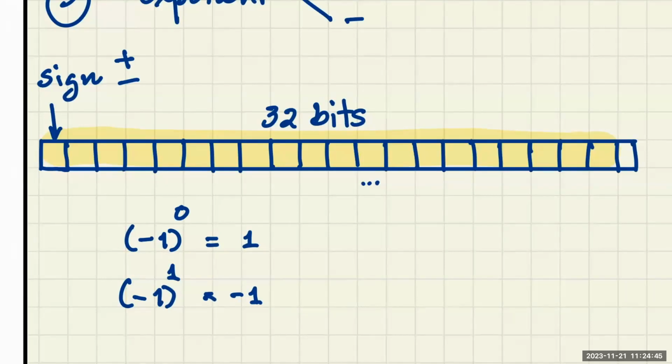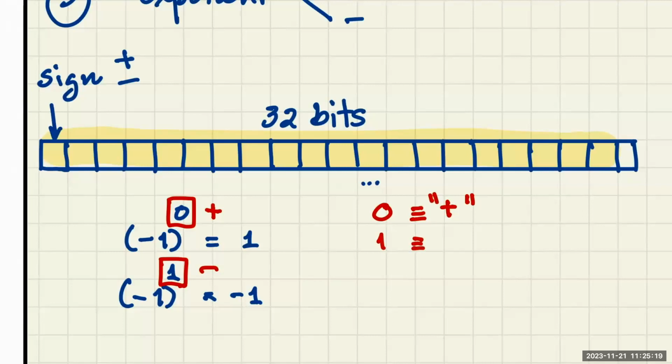So by convention, if the first bit is 0, it represents a positive number, and if it is 1, it represents a negative number. 0 is equivalent to the positive sign, 1 to the minus sign.